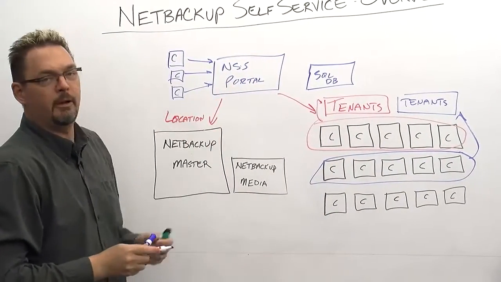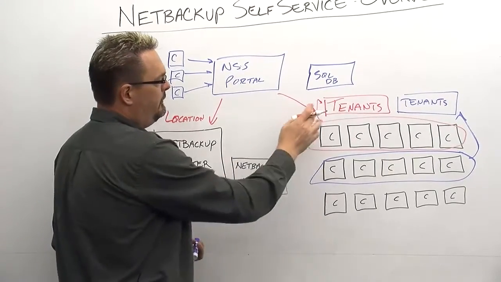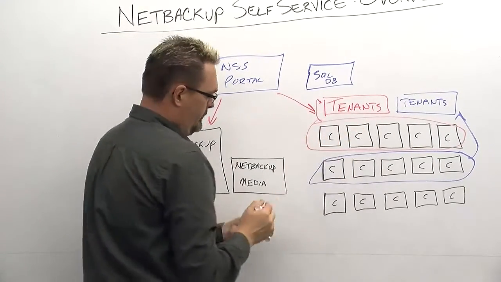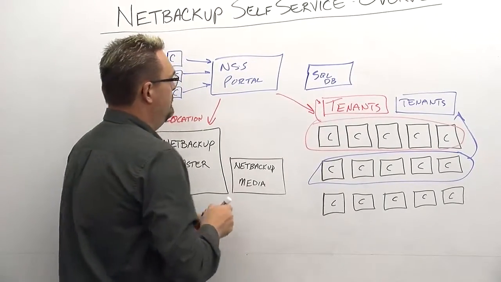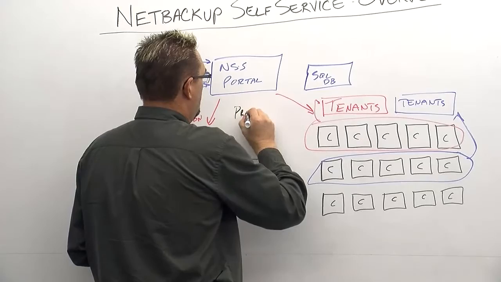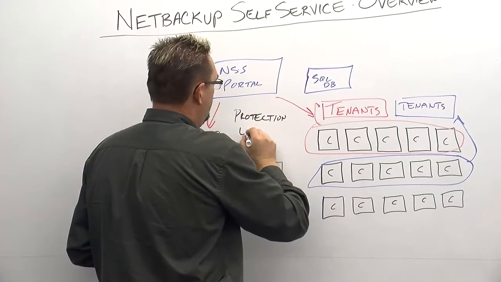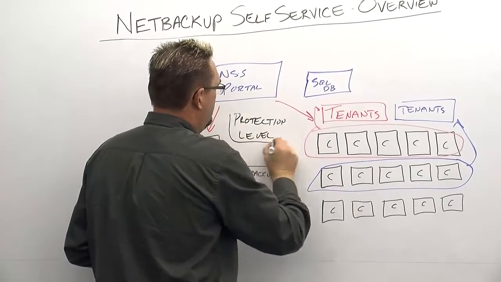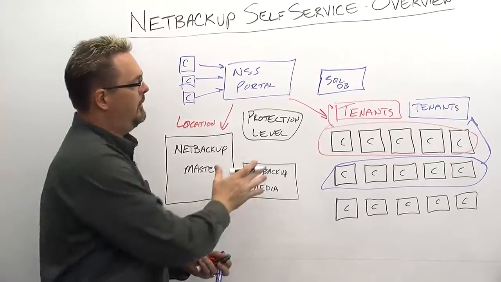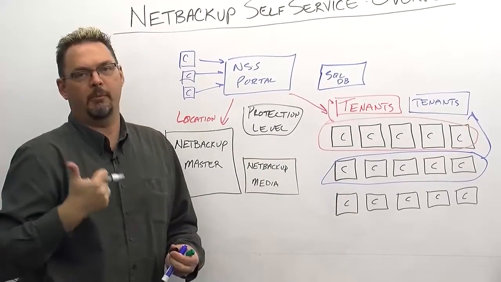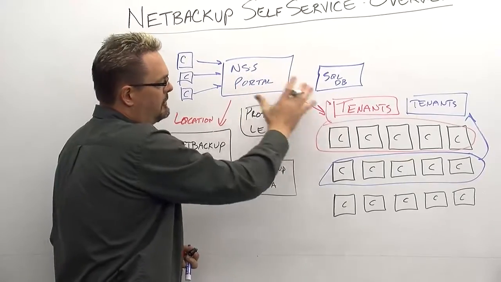And again, this is all set up here in the portal. From there, we can give tenants the permissions to be able to view these machines, and we're going to set up something called protection levels. A protection level, don't get too hung up on this, is simply a service level agreement. Its ability to say, I want to back up this client, I want to back up this data, I want to save it for this long. And again, this is all configured as you're talking to the tenant.